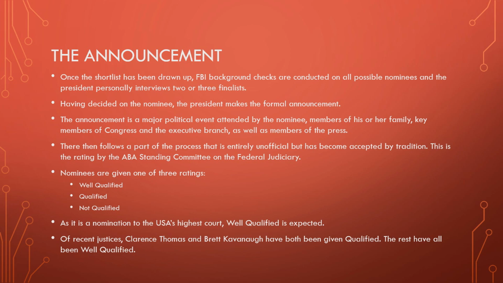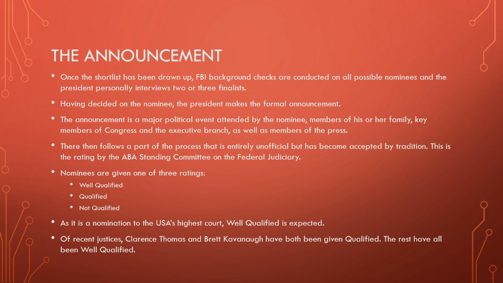Then there is the unofficial but traditional step, where the ABA come in and they make a rating based on the nomination. And this does not mean anything, although if they were rated as not qualified, it probably would cause a massive issue when it goes to the Senate, but it doesn't actually stop the process.